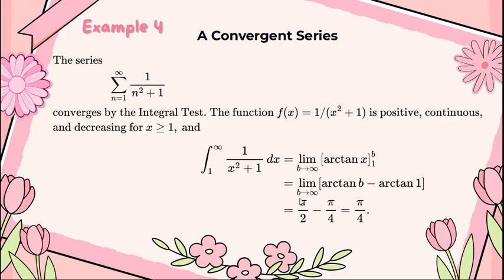We substitute b and 1 and subtract. We have arctan b minus arctan 1, and arctan b is pi over 2, and arctan 1 is pi over 4. So pi over 2 minus pi over 4 is equal to pi over 4.